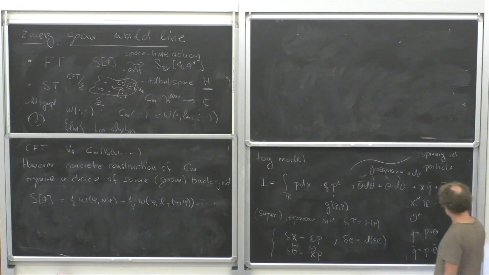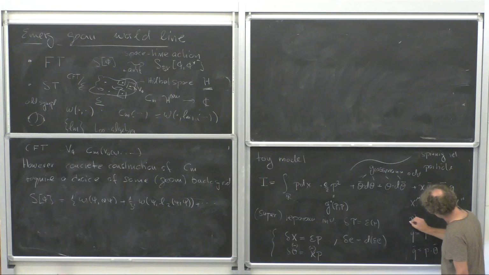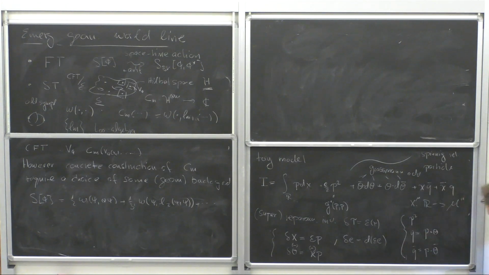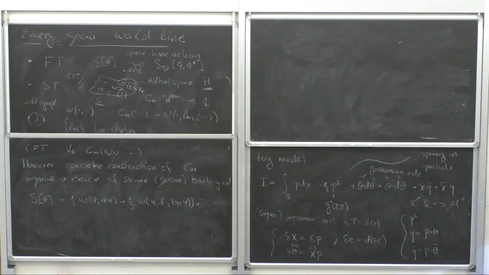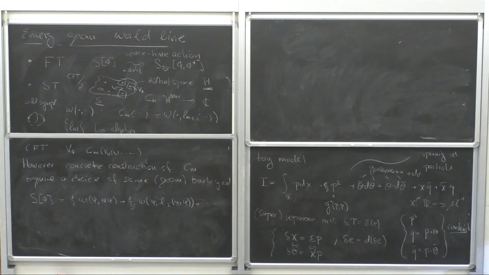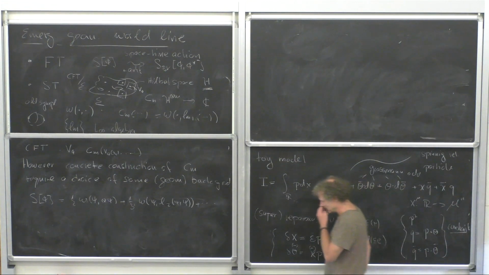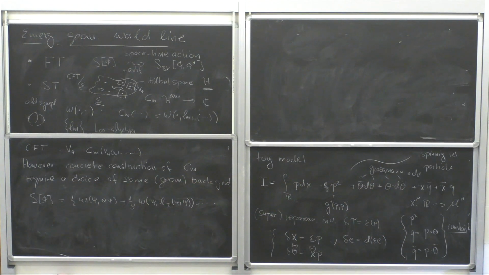Together with p squared, these are, in the Hamiltonian formulation, the generators of this reparameterization, so they are the constraints, which arise from the redundancy in the description of this worldline.